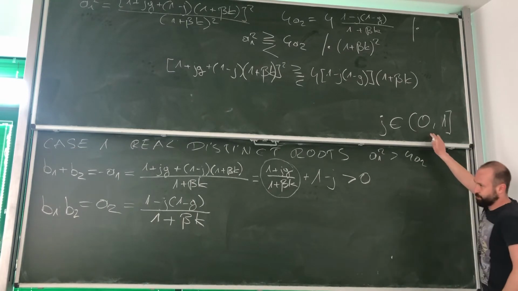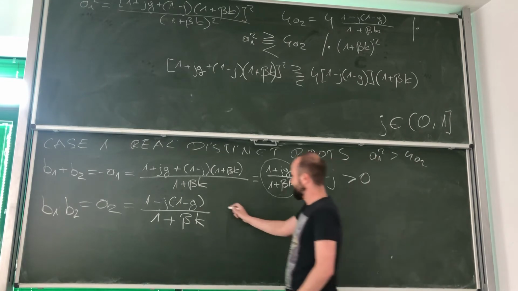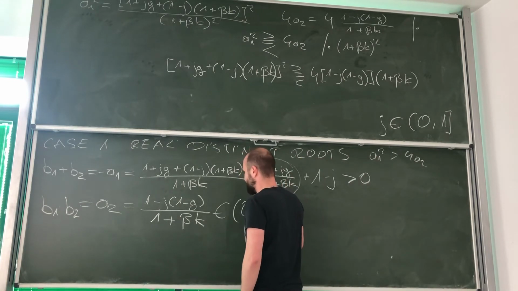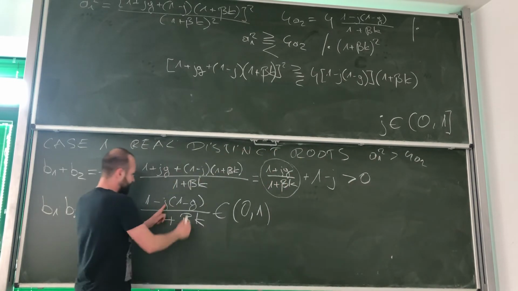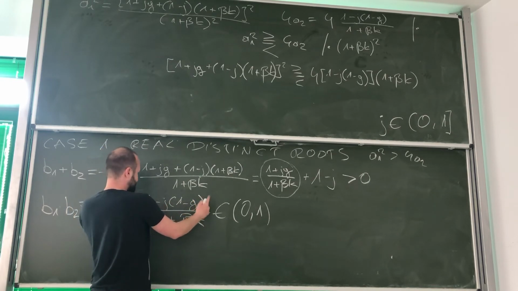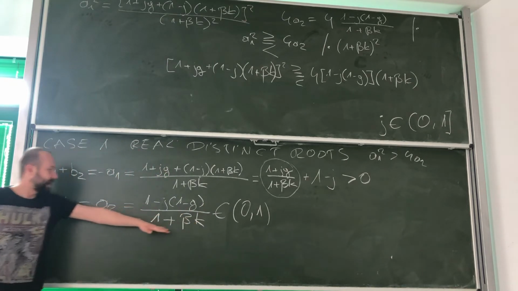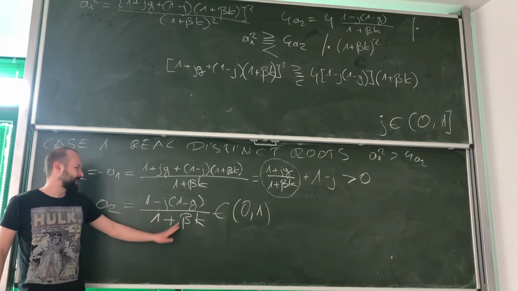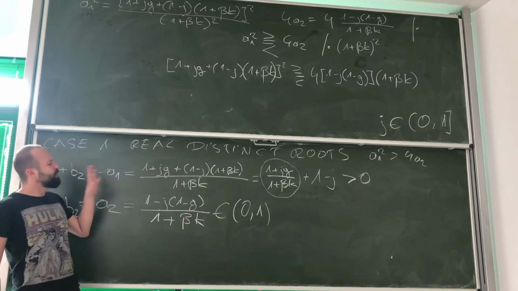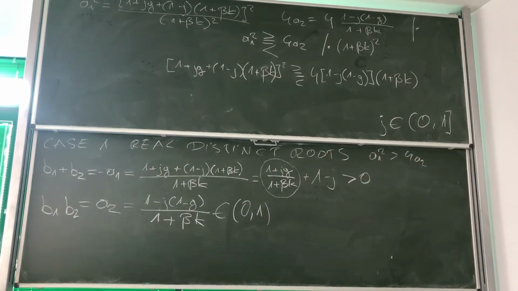Under these assumptions, this is always between 0 and 1. I hope you can see that this is a number between 0 and 1, this is a number between 0 and 1, this is a number between 0 and 1. However, we divide it by a number that is clearly bigger than 1, so we need to get something that is between 0 and 1.